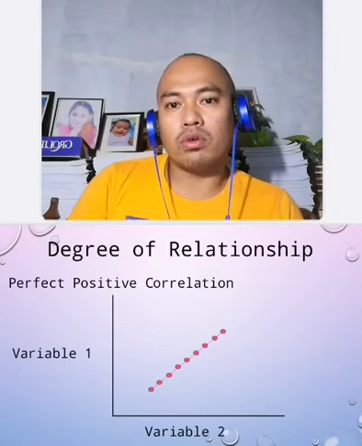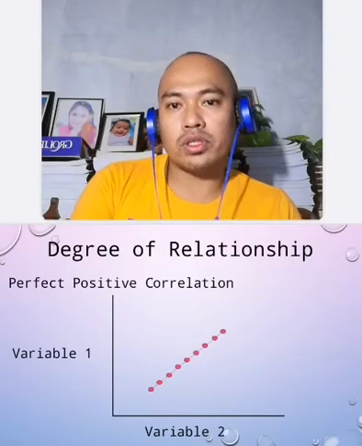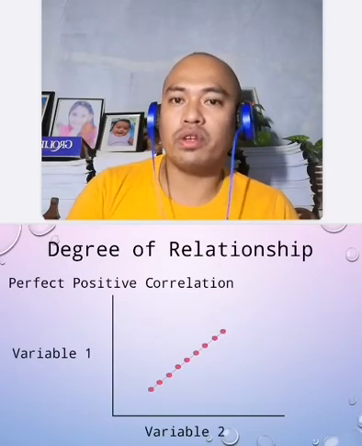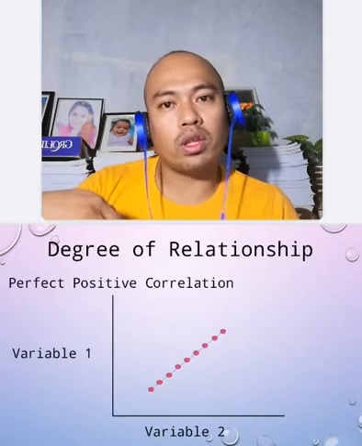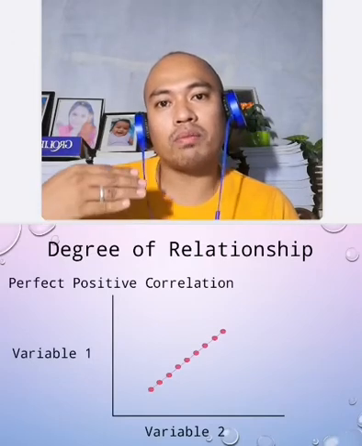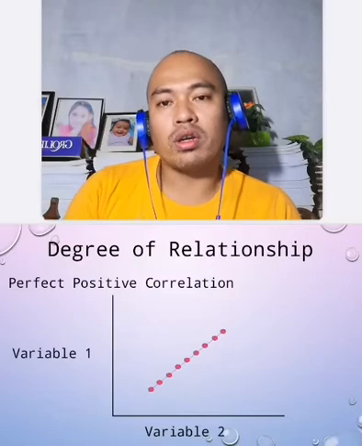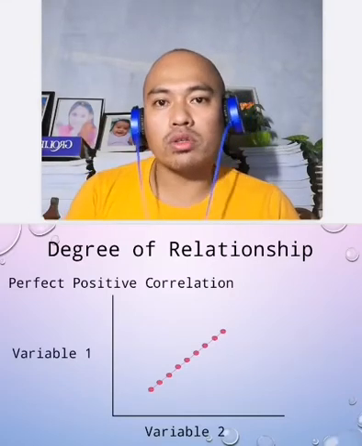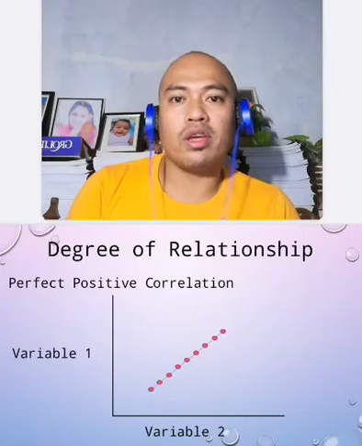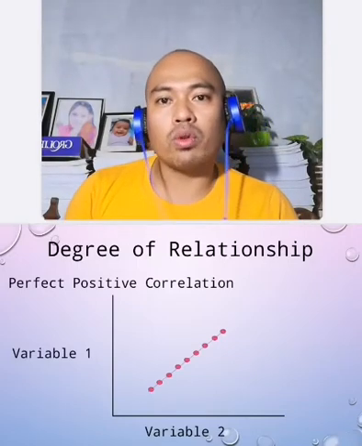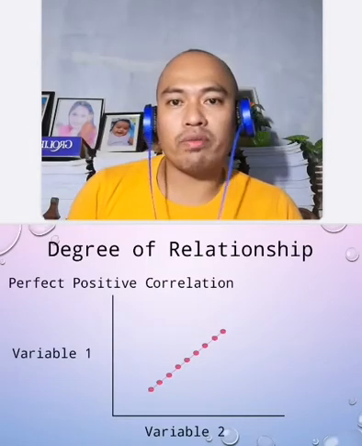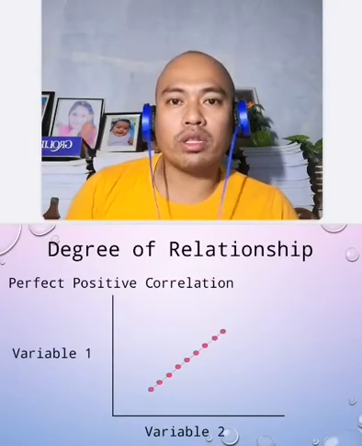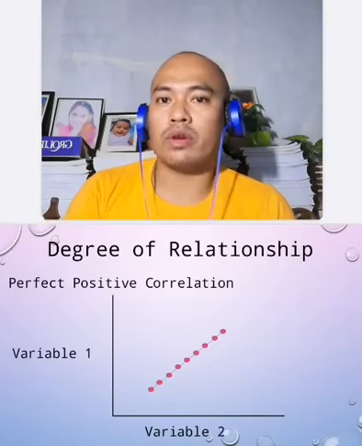The slide presents to you the first type of relationship, or the first degree of relationship, that can occur when we are correlating two variables. Let's say variable 1 versus variable 2. We can say that the relationship between variable 1 and variable 2 is a perfect positive if we are forming a straight line that is rising going to the right.